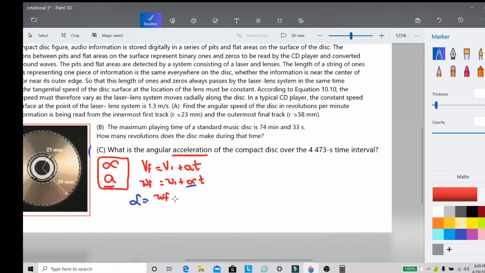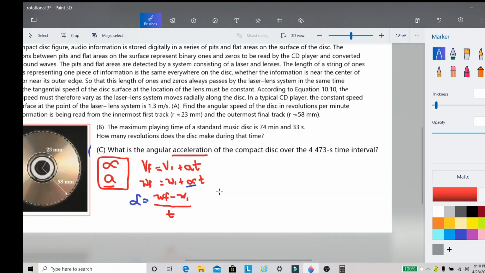That is positive, that will become negative omega sub i. And then we have t here as a cofactor of alpha. So, we divide both sides by t. The t here will cancel and this will be our working equation. Are we ready to plug in the values?